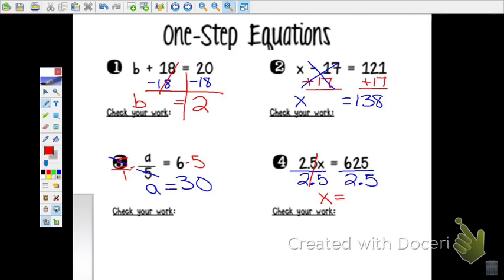So if there were a 25, I know it goes in 25 times. But it's not 25, it's 2.5. So if this number is smaller than 25, I have to make the other number bigger than 25. So what would it be?